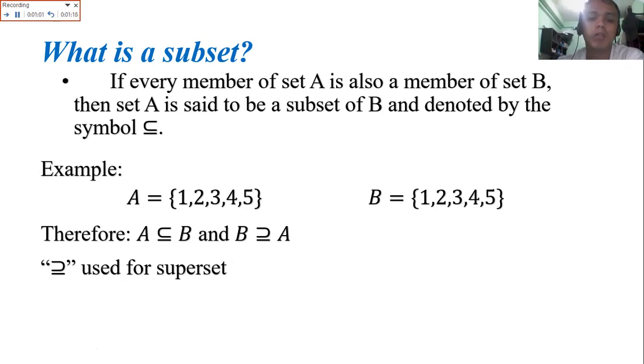Although lagi na kumbaga pag gumamit ka ng subset, you can also use a superset. Pareho lang naman ang meaning doon. So do not be confused, kasi yan ang isa sa dahilan bakit hindi nakaka-correct yung mga previous students ko regarding this topic, kasi nalilito daw sila sa subset at superset. You can use either of these two. Okay?